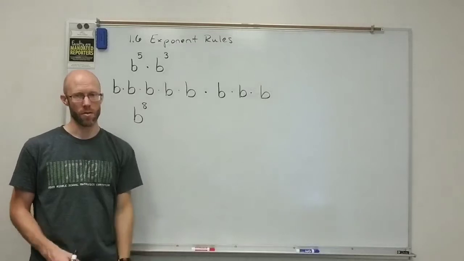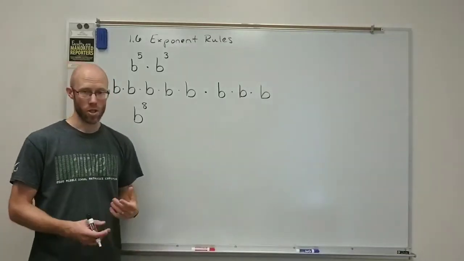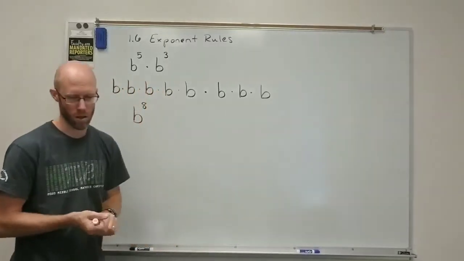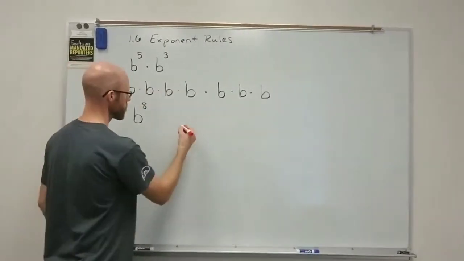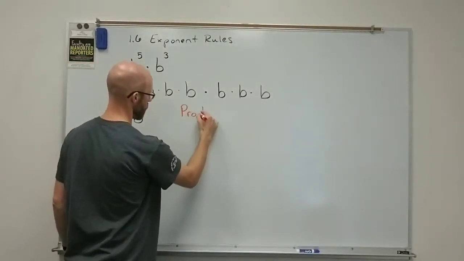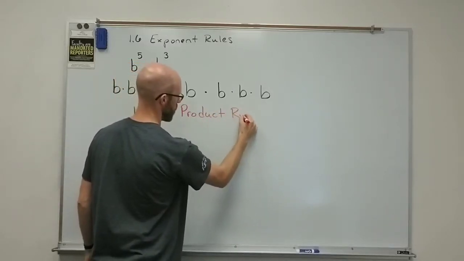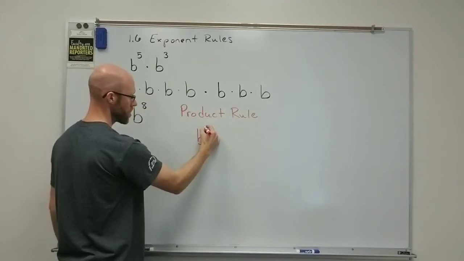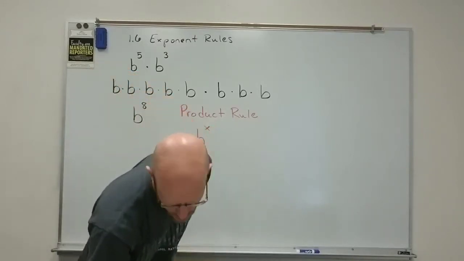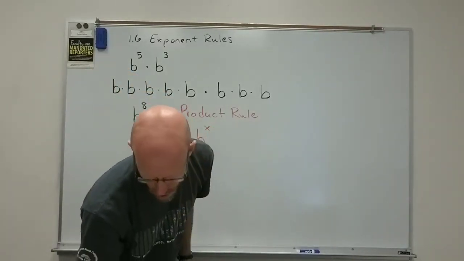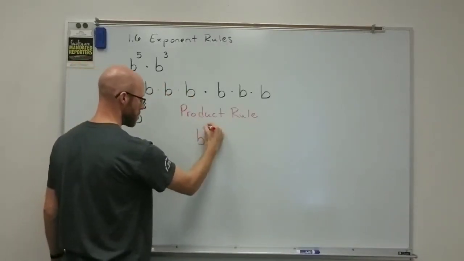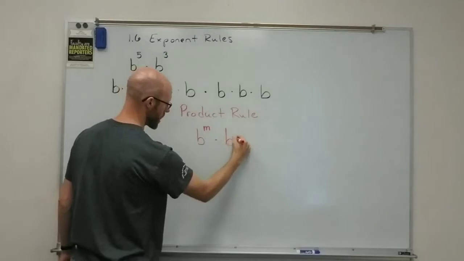So in a general sense, we have something called the product rule for exponents. The product rule says that b to the x... I'm going to try to be consistent with your textbook. Your textbook uses b to the m times b to the n.